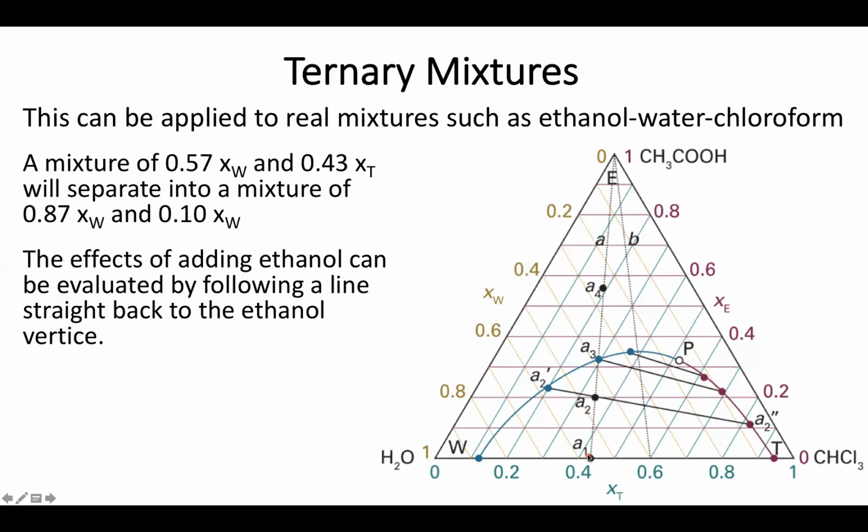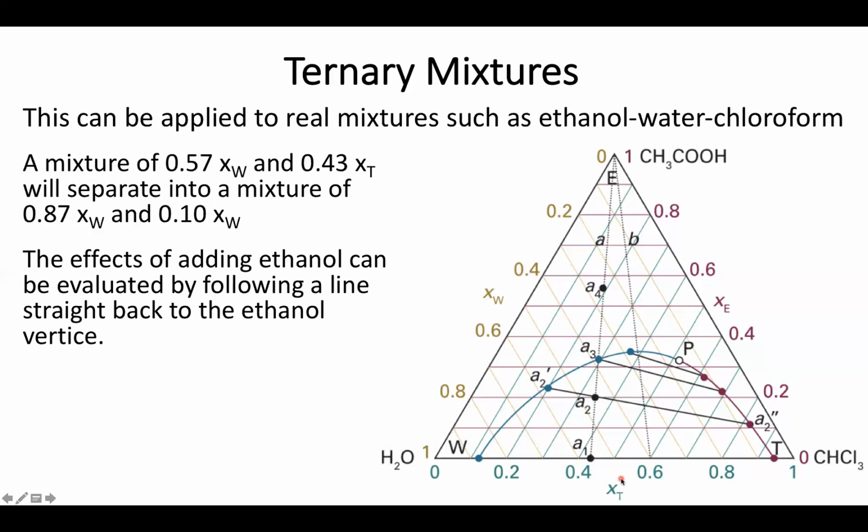So what I can do is see at which point the system will become completely miscible. How much ethanol do I have to add until, say, my water will completely dissolve in my chloroform?